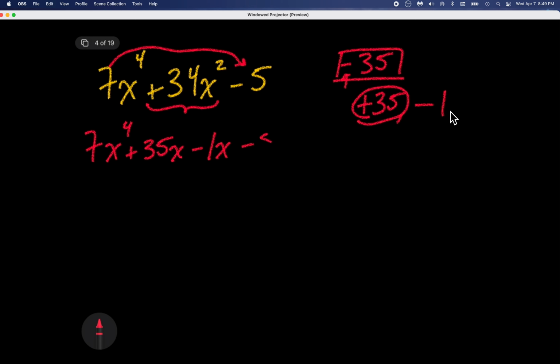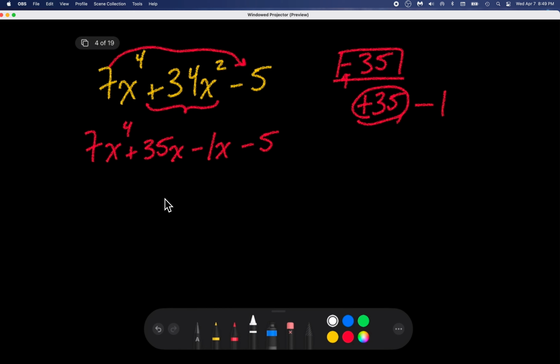Now in this case it wasn't as important as the last case, but always ask yourself, how do I write this? Do I write negative 1x plus 35, or do I write it the way I did? Now I'm going to treat these two parts of the expression, and I'm going to factor both of them by grouping. This should be 35x squared minus 1x squared.